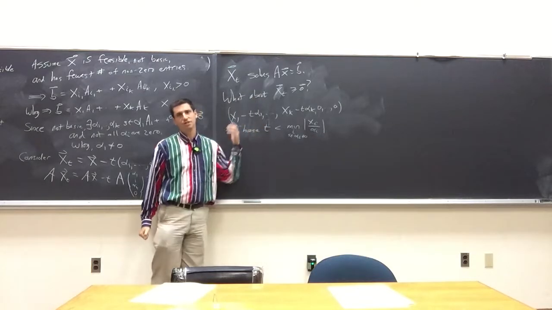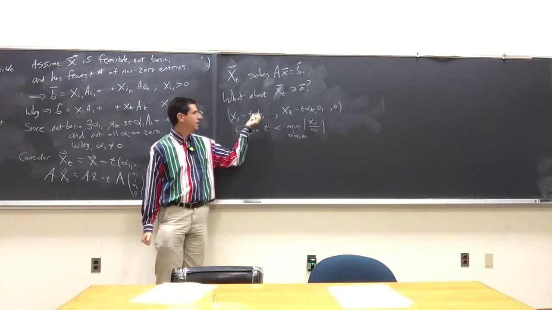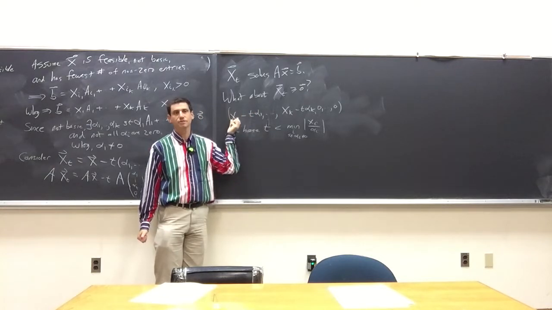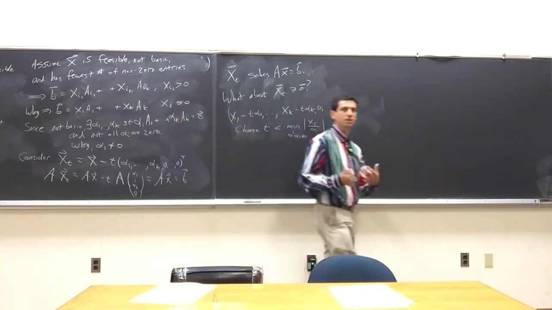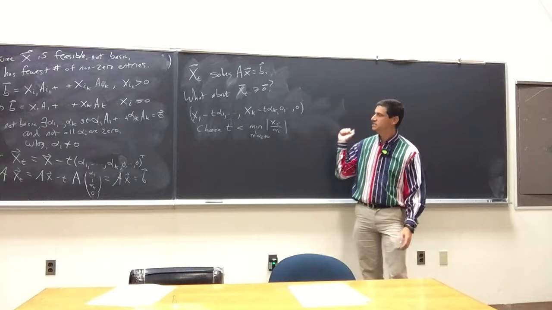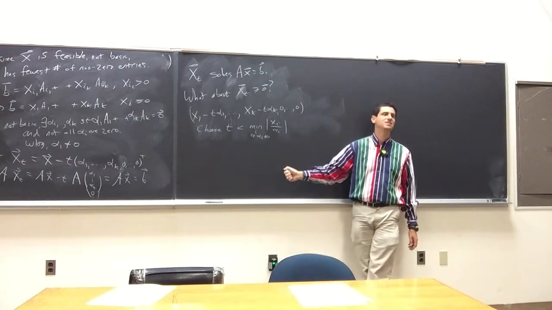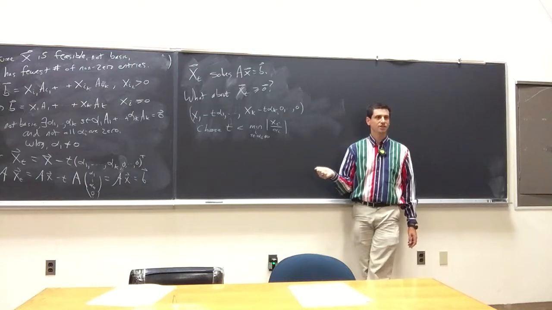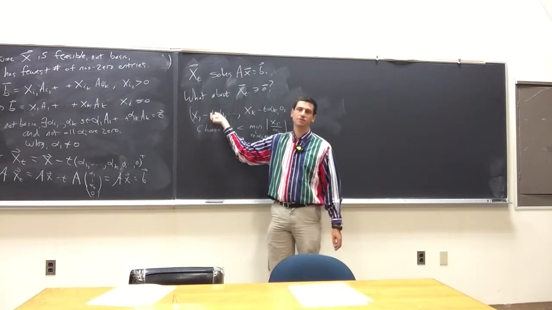Although if alpha_i equals 0, then it doesn't matter what you take over there. If we choose t sufficiently small, none of these will be enough to subtract off to make something negative. So you can quantify exactly how far you can go. It doesn't really matter how far you can go. All that matters is that there's some choice. We're not trying to find something. We're just trying to prove the existence. So if this is 15 and this is 3, we could take t up to 5.